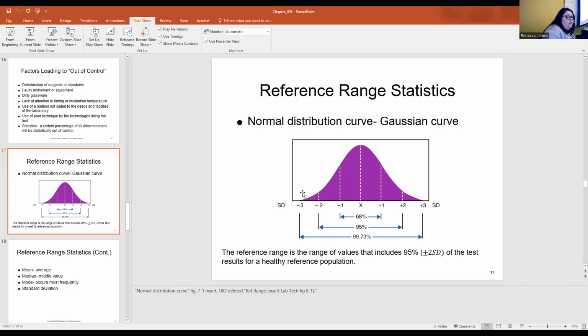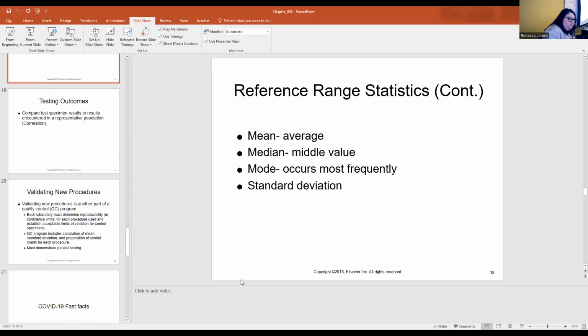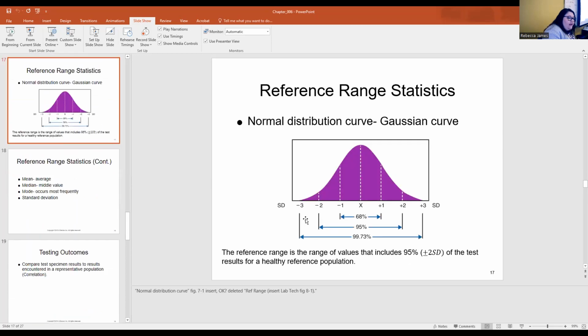And then 99.73% falls within 3 SD. And that makes up that Gaussian curve. That's essentially what you need to know right now.